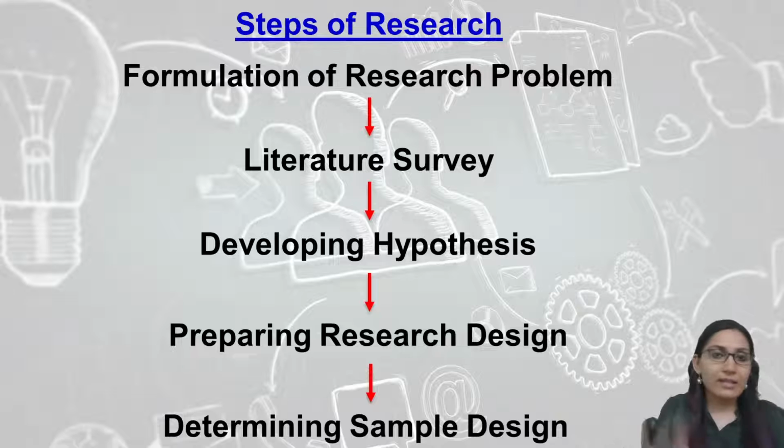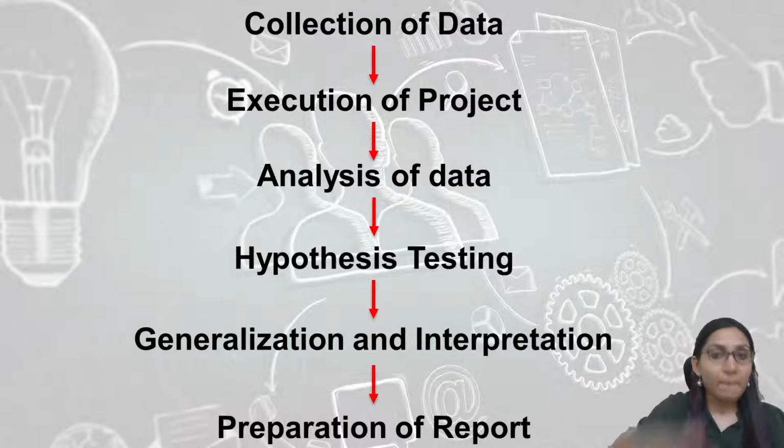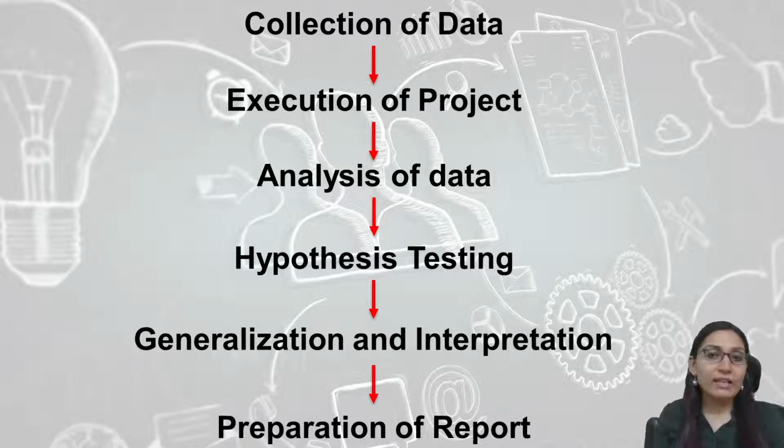Now next is the steps of research. So this is what we were studying: the research process and the steps of research. This entire module is about the steps of research. It includes formulation of research problem, literature survey, developing hypothesis, preparing research design, determining sample design, collection of data, execution of a project, analysis of data, hypothesis testing, generalization and interpretation, preparation of project.